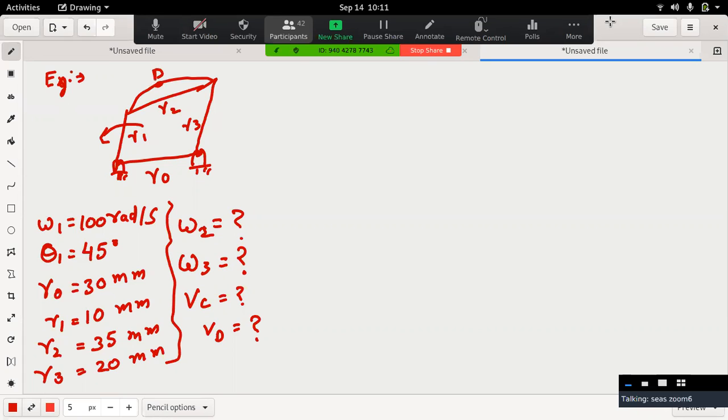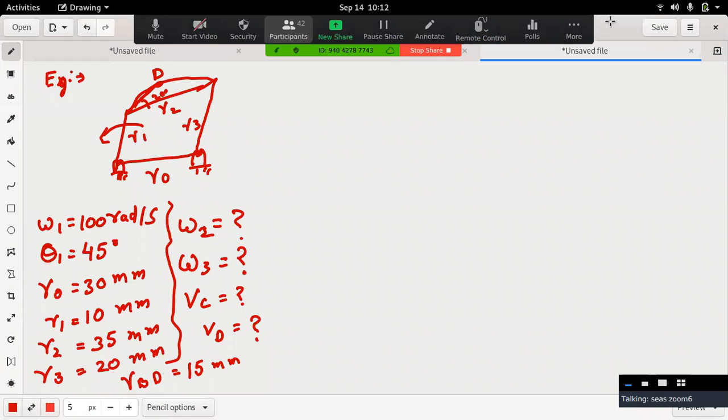So here there is a point D, and it is also given that RBD is 15 mm, and it is making 20 degrees. So we need to determine omega 2, omega 3, velocity of point C and velocity of point D.